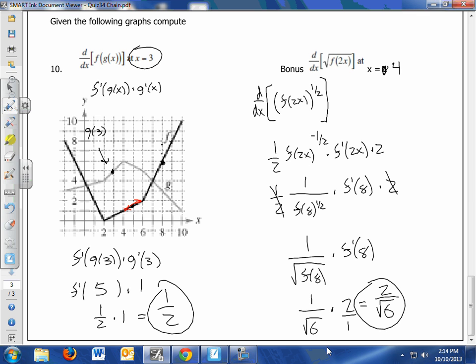You do not have to rationalize this. But if you do, multiply the top and bottom by root 6. You get 2 root 6 over 6, which is root 6 over 3. Okay, these are the same. If you rationalized, cool. If you didn't, cool. Both are acceptable. Though most likely on a multiple choice, you would find this as an answer, and you won't find this. So understand how to rationalize.